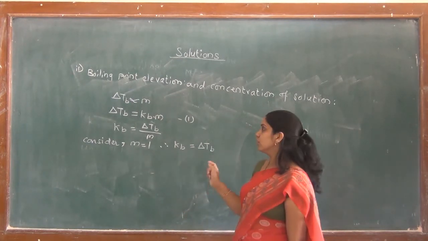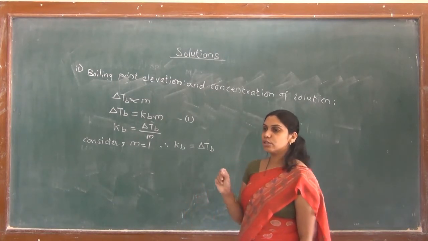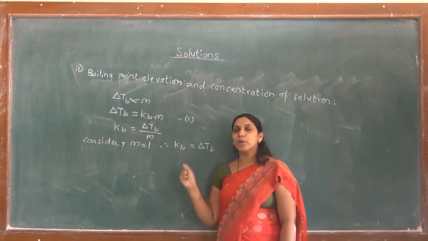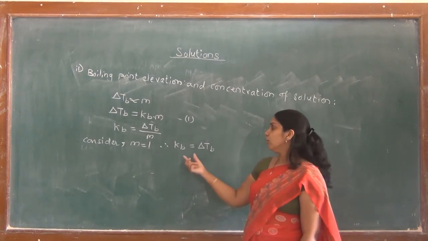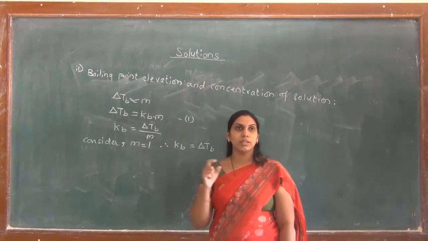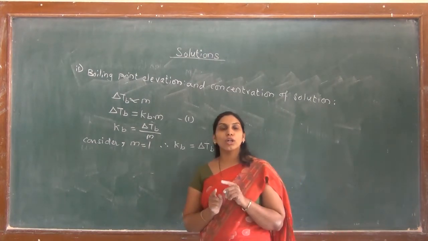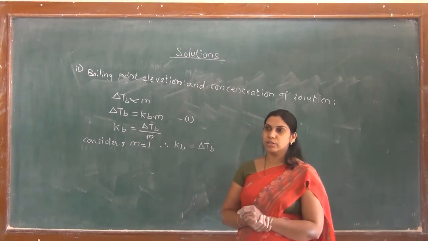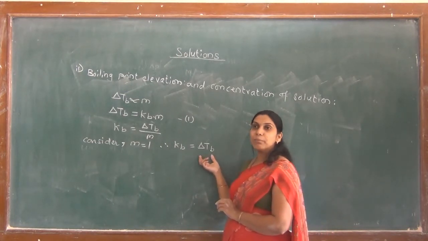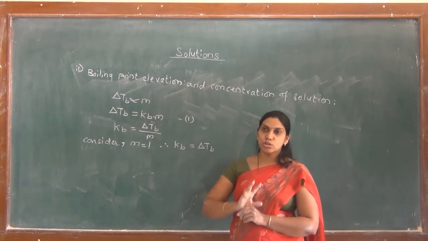And from this equation, you can give the definition of Kb. Kb is the molal elevation constant or constant for boiling point elevation. It is defined as the boiling point elevation produced by a 1 molal solution.